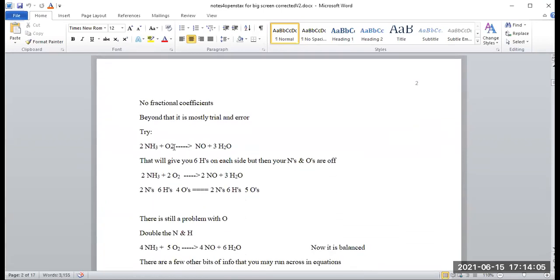Again, I'm running into this problem more every now and then when I do cut and pasty things, it deletes my subscripts and stuff. If I put a 2 out in front of my NH3 molecule, well, now I've got more H's. I've also got more N's too.